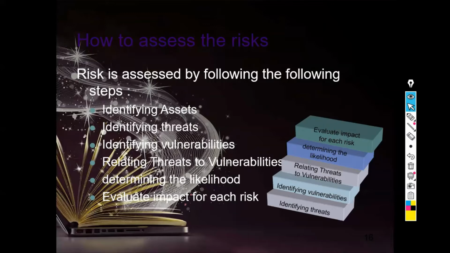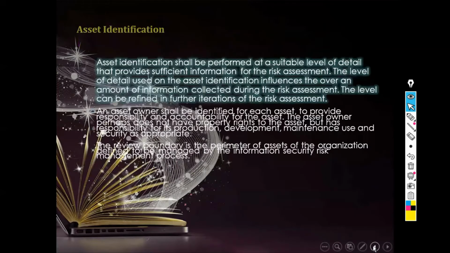Then we determine the likelihood, and then we identify the impact. This would be the chain of risk assessment: identify your threat, identify your vulnerability, determine the likelihood that a threat will exploit the vulnerability, and the impact on the organization.